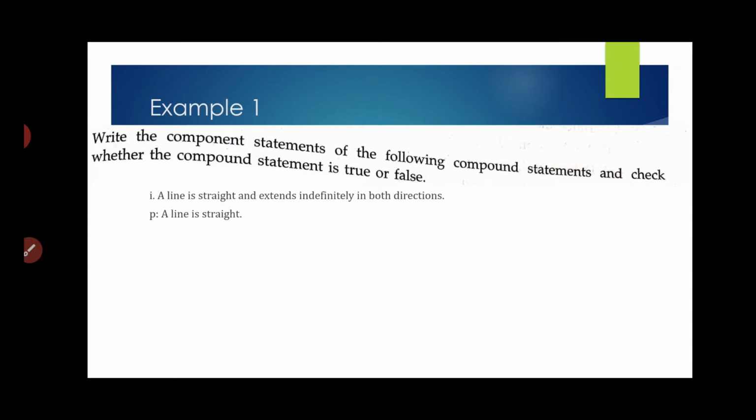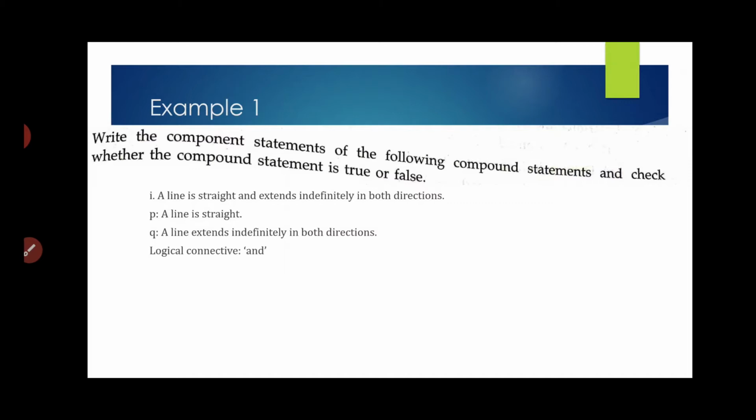The first one is obviously a line is straight, and the second one is a line extends indefinitely in both directions. Fine. And what is the logical connective here? The logical connective is and, obviously, which is connecting these two simple propositions or component statements. And then, is it true?